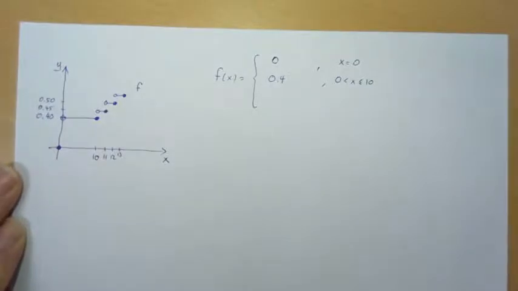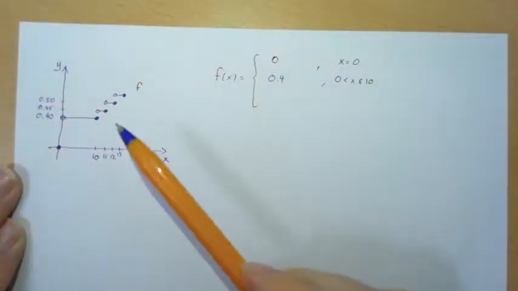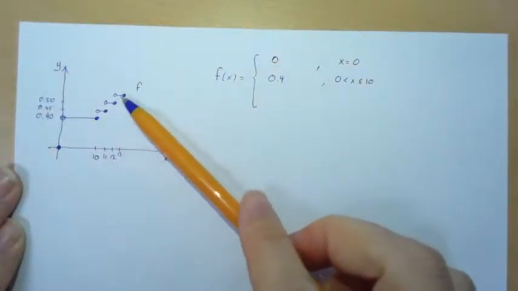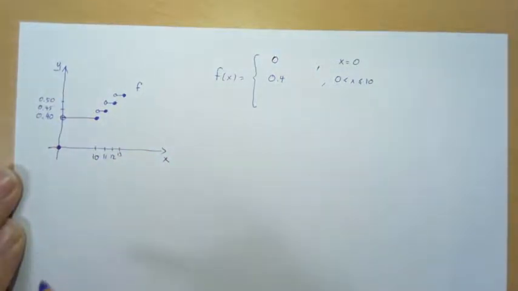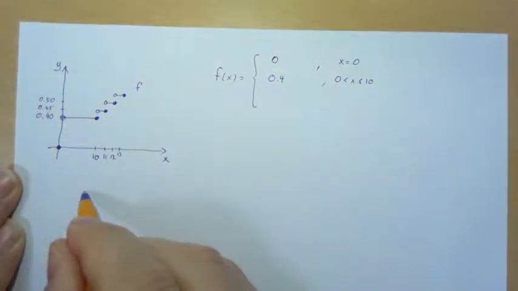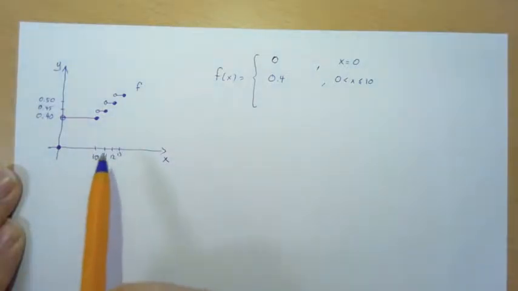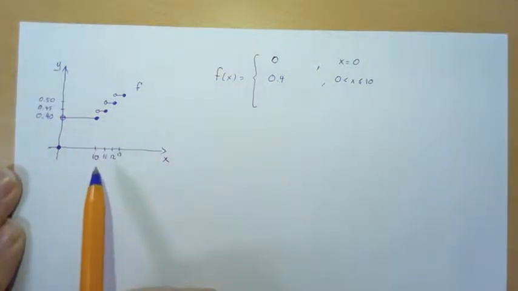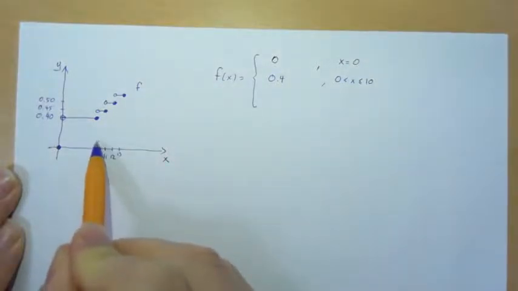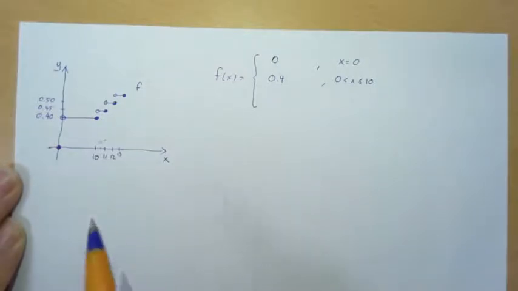And after that, I need to figure out a way to express this latter part. So how can I do that? I want a time of 10.5, for example, to give me an extra 5 cents.